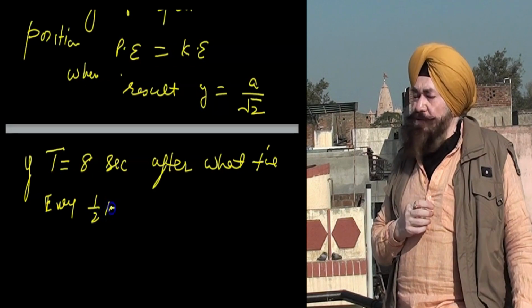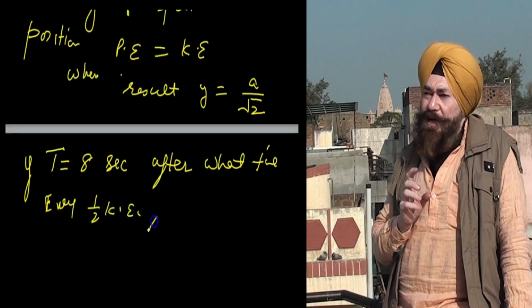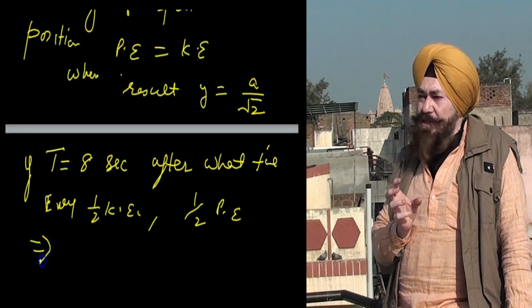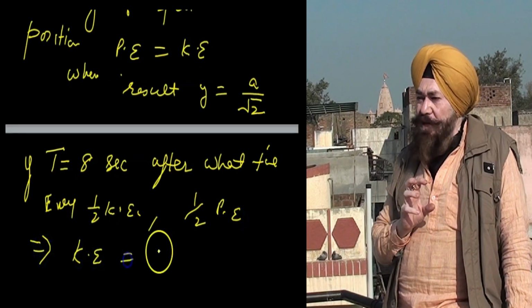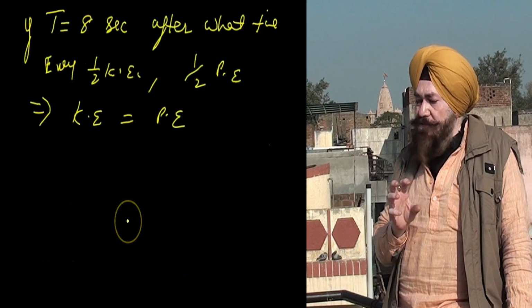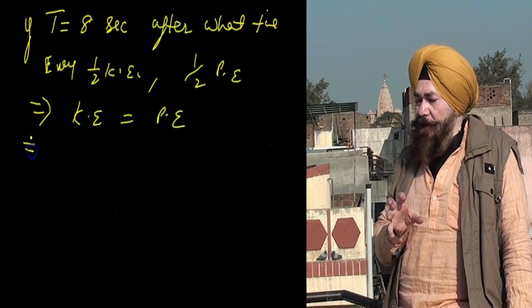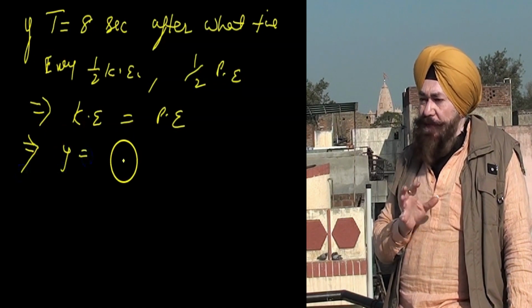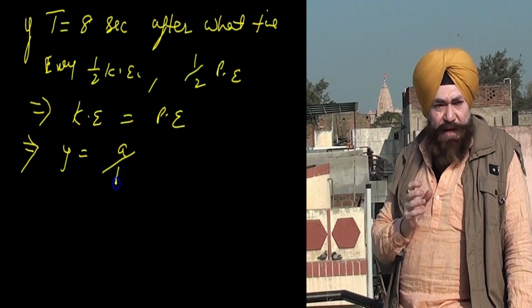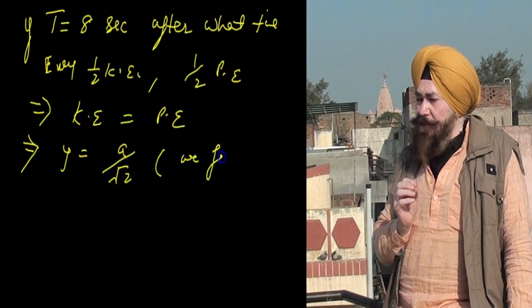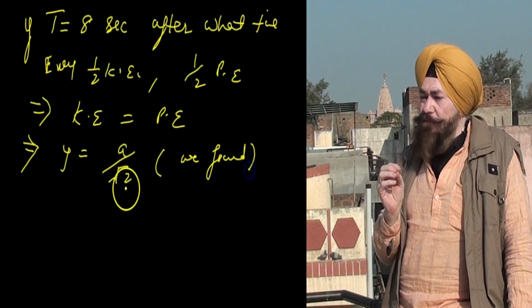If they are asking that the energy is half kinetic and half potential, it means the kinetic and potential energies are equal. And in the last numerical we found that the distance from the mean position is a upon root of 2.